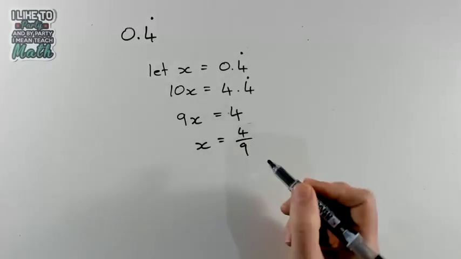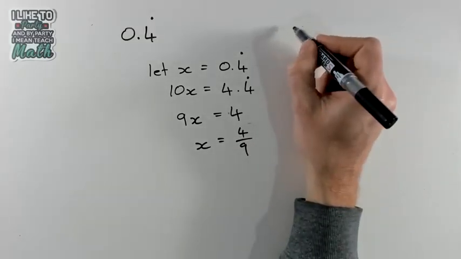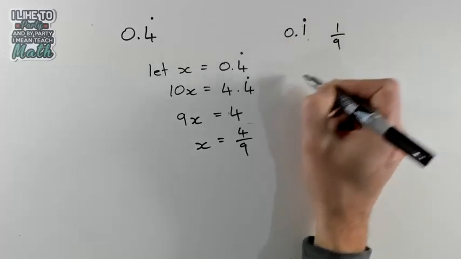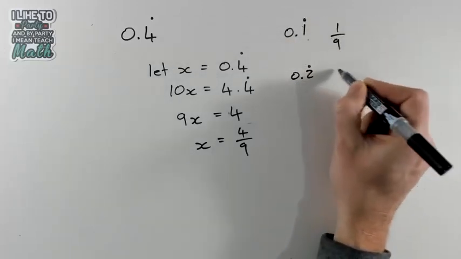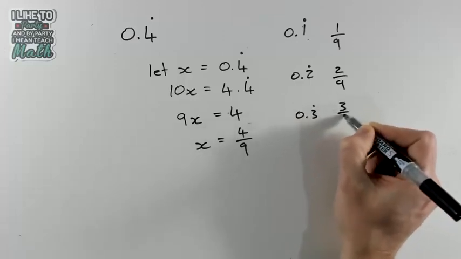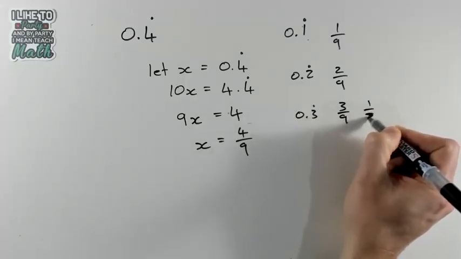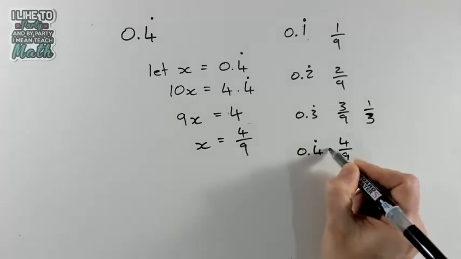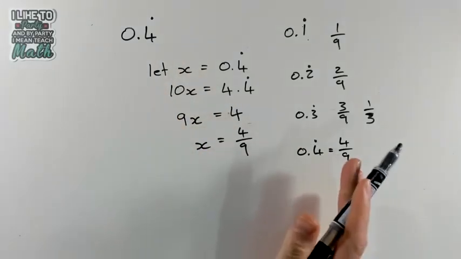Okay, you might see a pattern that if I had 0.1 recurring, that would be 1 over 9. 0.2 recurring would be 2 over 9. The 0.3 recurring was 3 over 9, but we simplified it to a third. And 0.4 recurring is 4 over 9. So yeah, for the single digits, it's pretty straightforward.